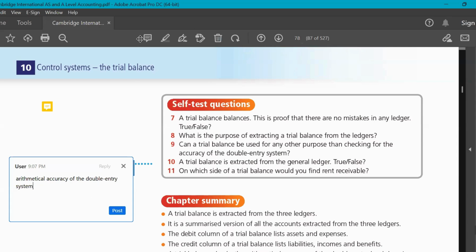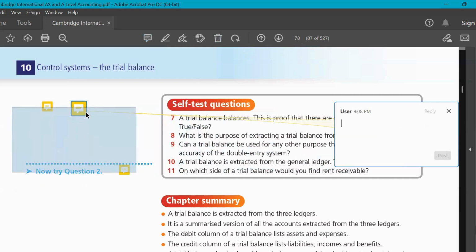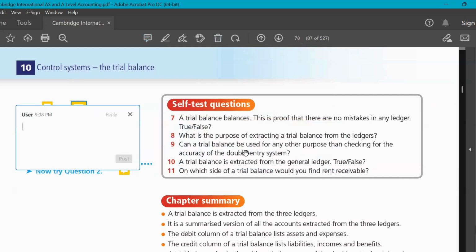Okay, number 9. Can a trial balance be used for any purpose other than checking the accuracy of the double entry system? So the answer for 8 is checking the accuracy of the double entry system. For number 9, the answer is yes.